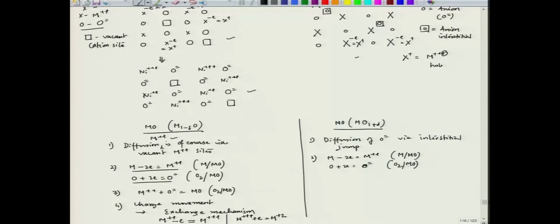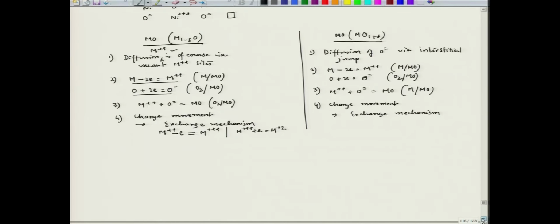These interfaces, they will happen. Now, oxygen is diffusing, so the combination reaction between metal cation and oxygen anion forming MO would happen on the MO interface, and the charge movement will be via the exchange mechanism.